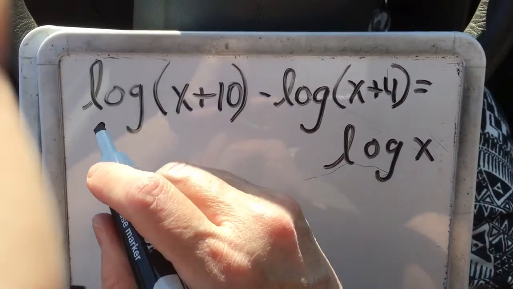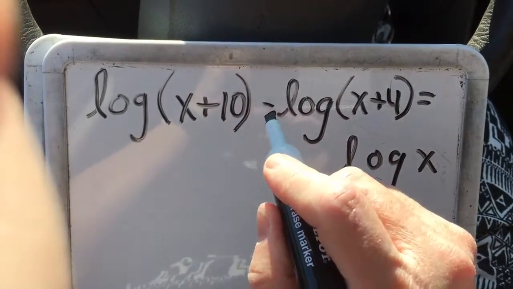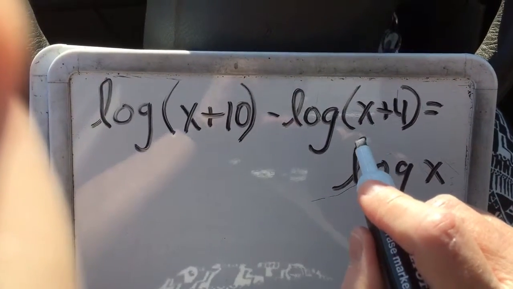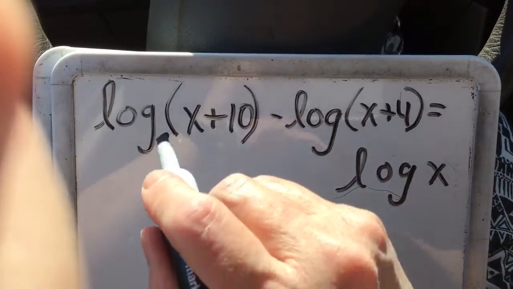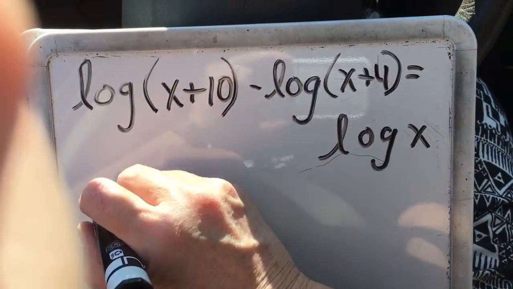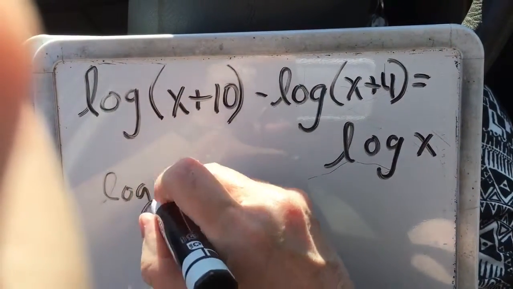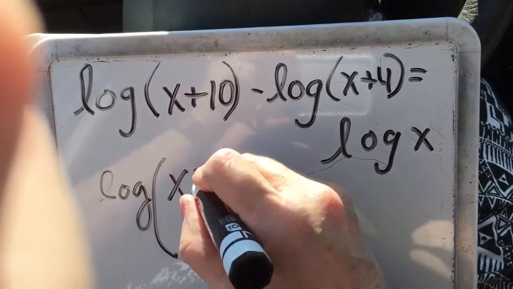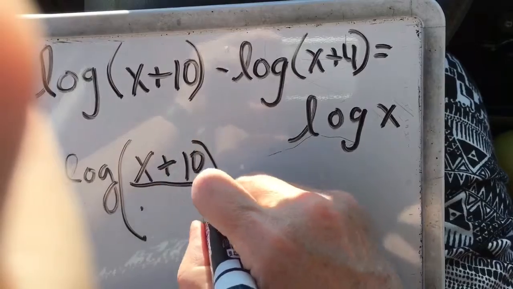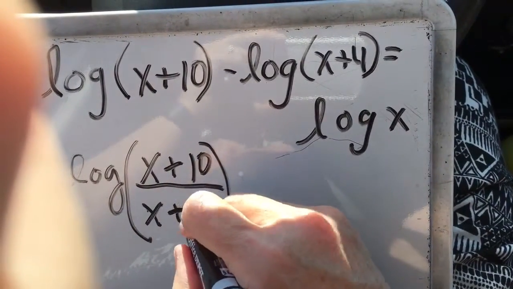So we have a log of something minus a log base 10 of something. They're both log base 10, so we should go back and write this as one single logarithm. We're going to write this as the log of the quotient. So that's going to be log of (x plus 10) over (x plus 4).